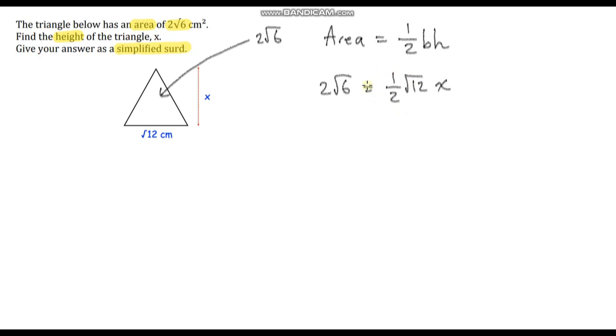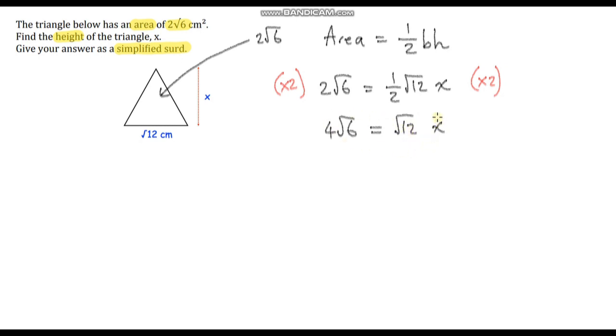So first of all, let's just get rid of this half we've got on here, because at the end we just want x on its own. So if we multiply both sides by 2, I'm just going to write what we're doing here. So if we multiply both sides by 2, what are we left with? Well, on the left hand side, 2 root 6 times 2, well that's just 4 root 6. So we've got 4 root 6 is equal to root 12x. Okay, there's a few things we could do here.